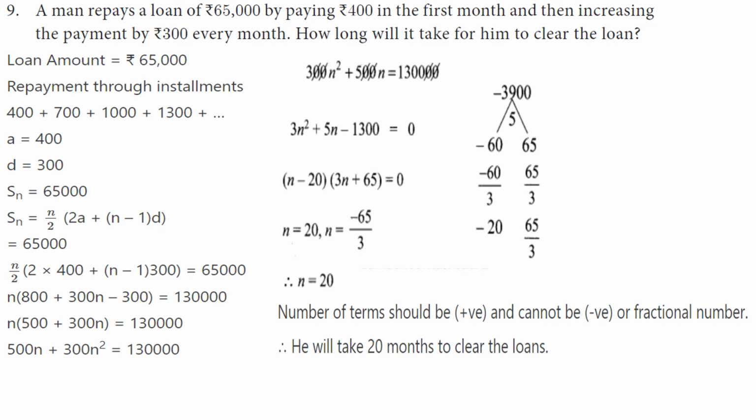Therefore n equals 20, because the number of terms cannot be negative. So he will take 20 months to clear the loan.